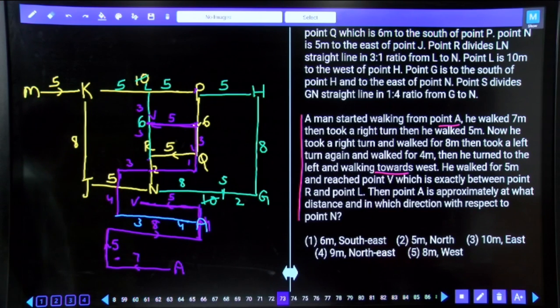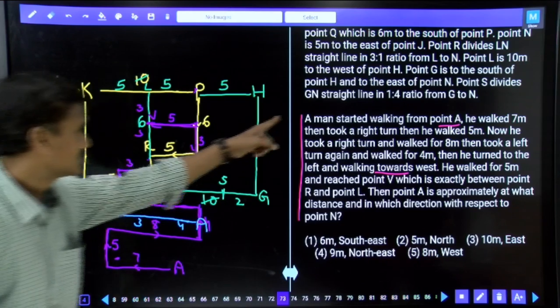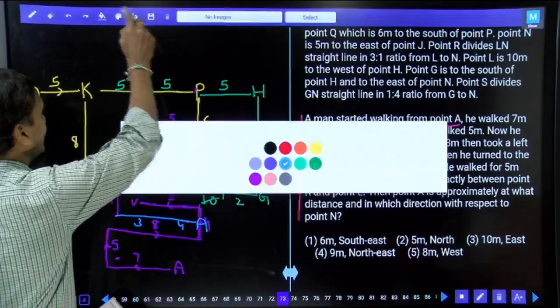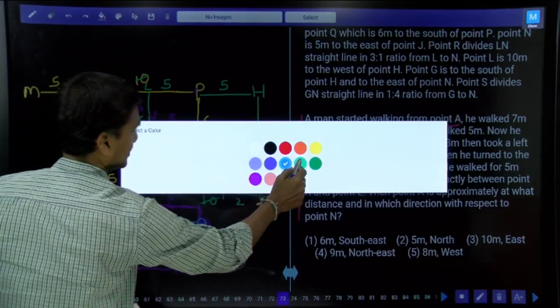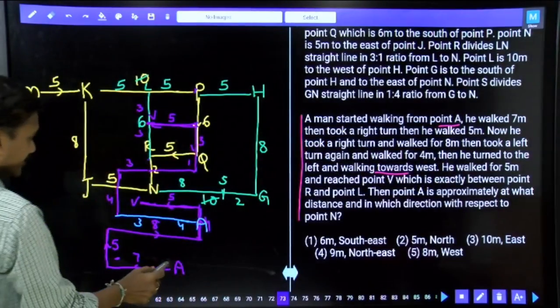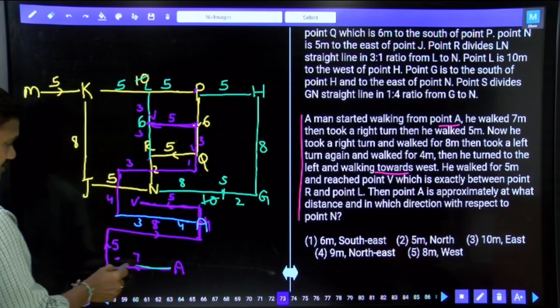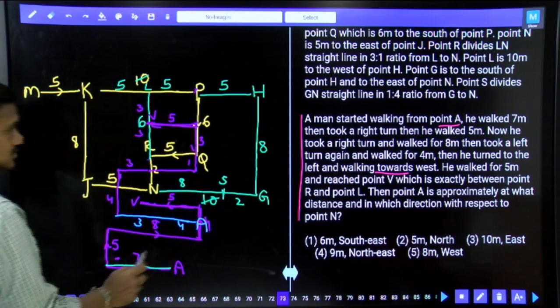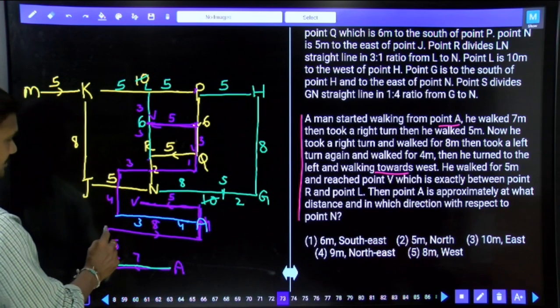Done? Now here, let's check out this one once again. A man started walking from point A. Now I'm explaining from here. A man started from which point? From point A. From here, first he walked 7 meters, isn't it? First he walked 7 meters, then took a right turn and he walked for 5 meters.